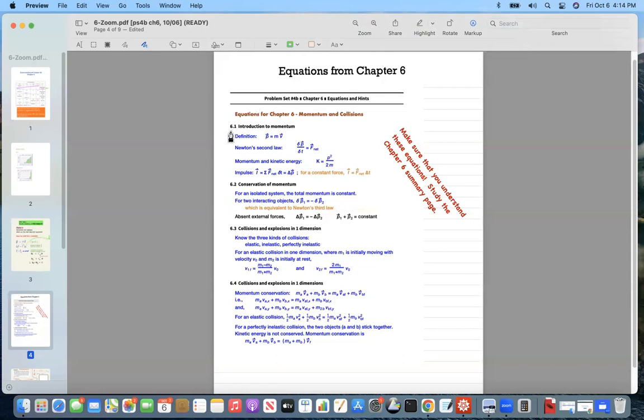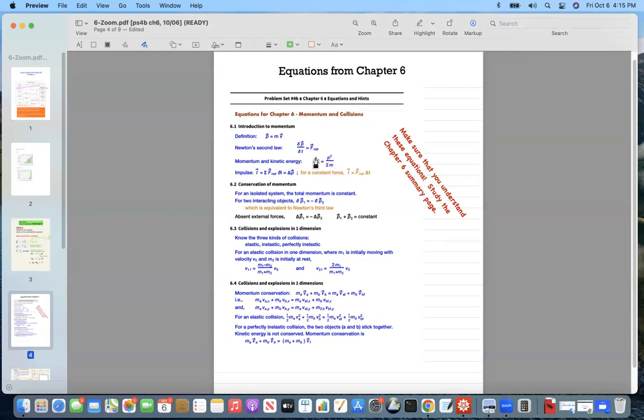So, for example, the first section is called Introduction to Momentum. There's the definition, mass times velocity. There's Newton's second law written in terms of momentum. The net force is the rate of change of momentum. The kinetic energy can be related to momentum. Kinetic energy is P squared over 2m. Both P and K are related to v, so you can relate them to each other.